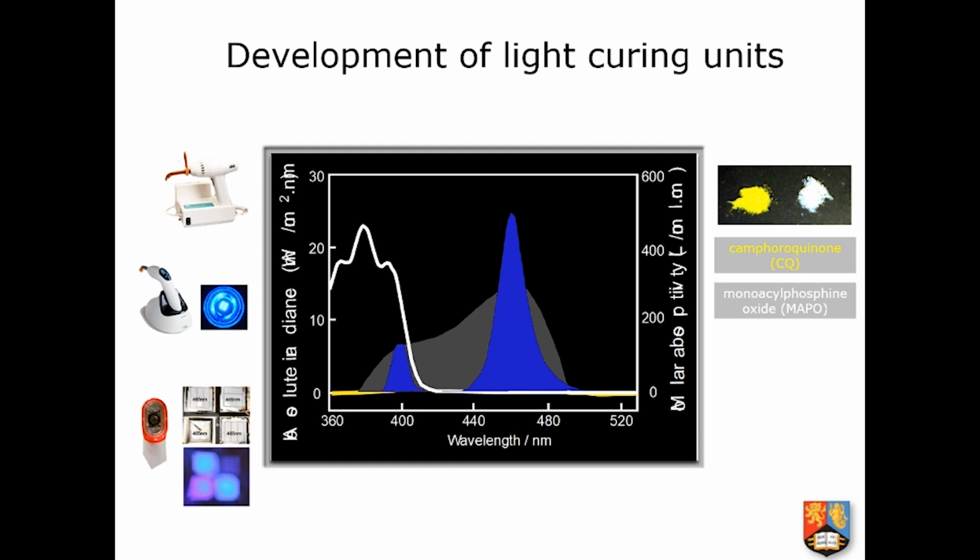But you will see, and some of you may have or own and use, LED lights that have multiple diodes. So you can see here that not only are their diodes centered around 470 and maybe a little bit shorter, but also back down at the 405. So these are designed to cure all types of materials that have the presence of alternative initiators.